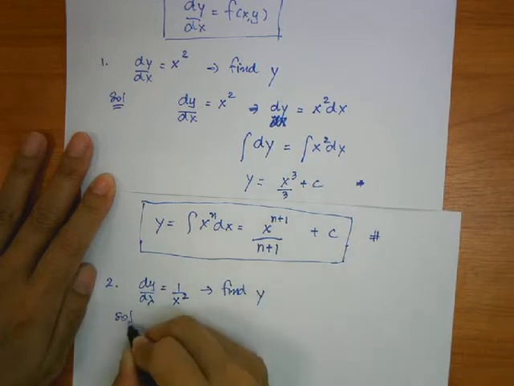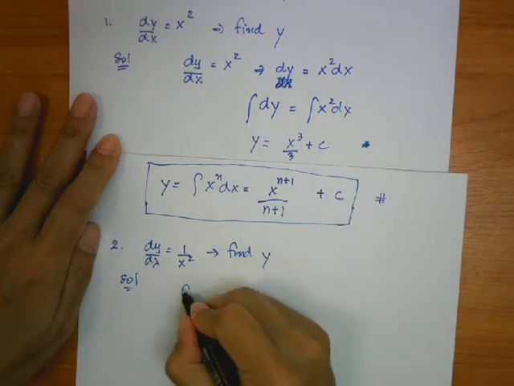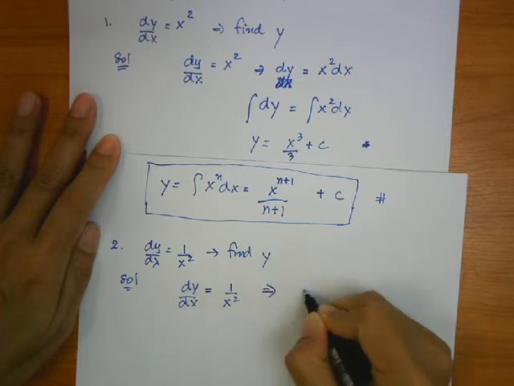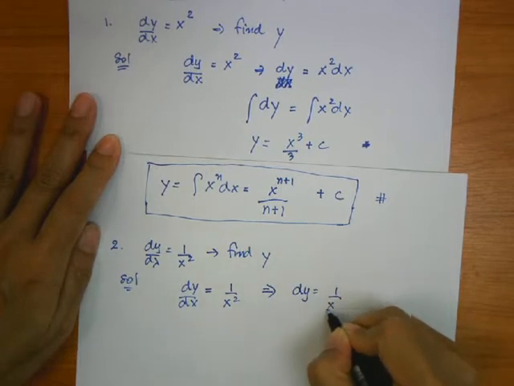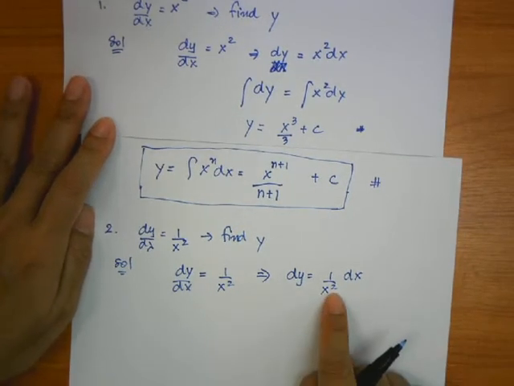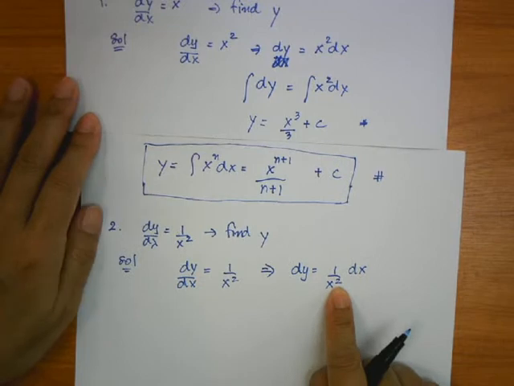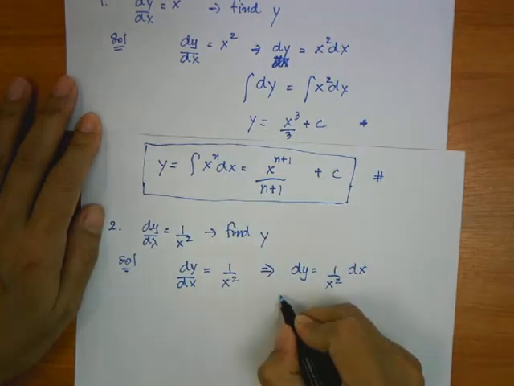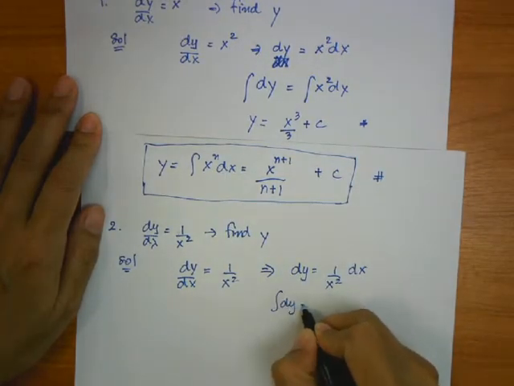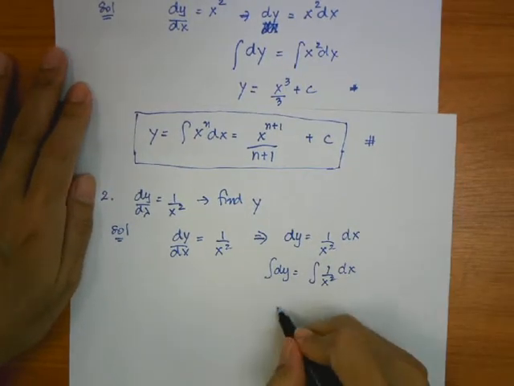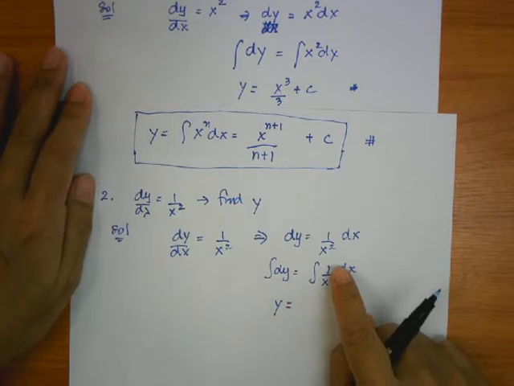What is n equal to? n is equal to minus 2, right?